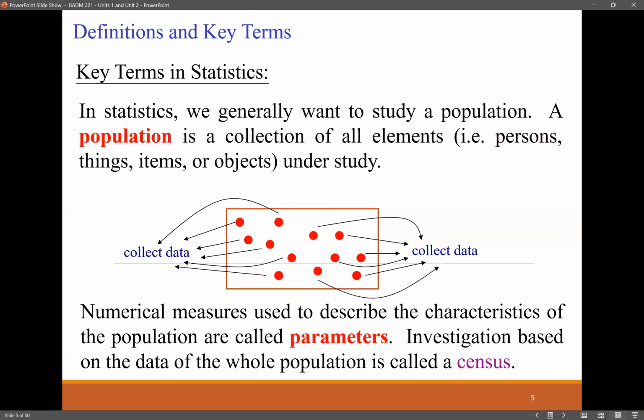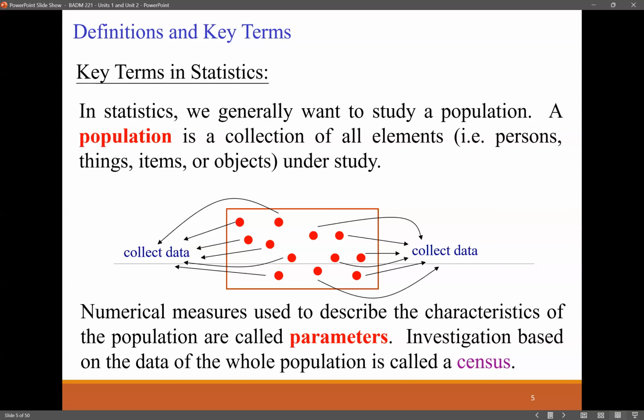Now, a few terms we will frequently use in statistics. The first one is population. Population is a collection of all elements. For example, I can say the whole BC is a population, and in the whole BC, Vancouver is a sample, Prince George is a sample, Kelowna is a sample, and so on.